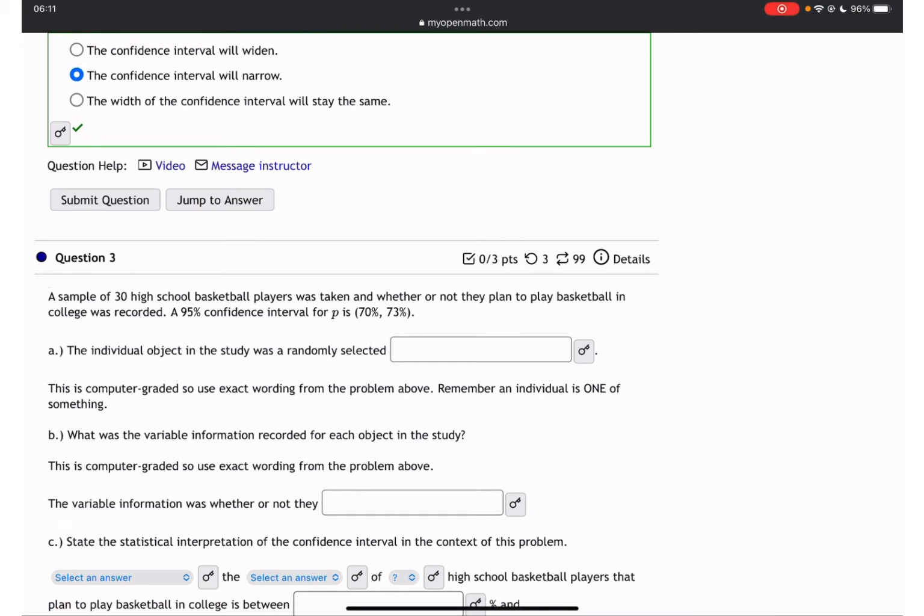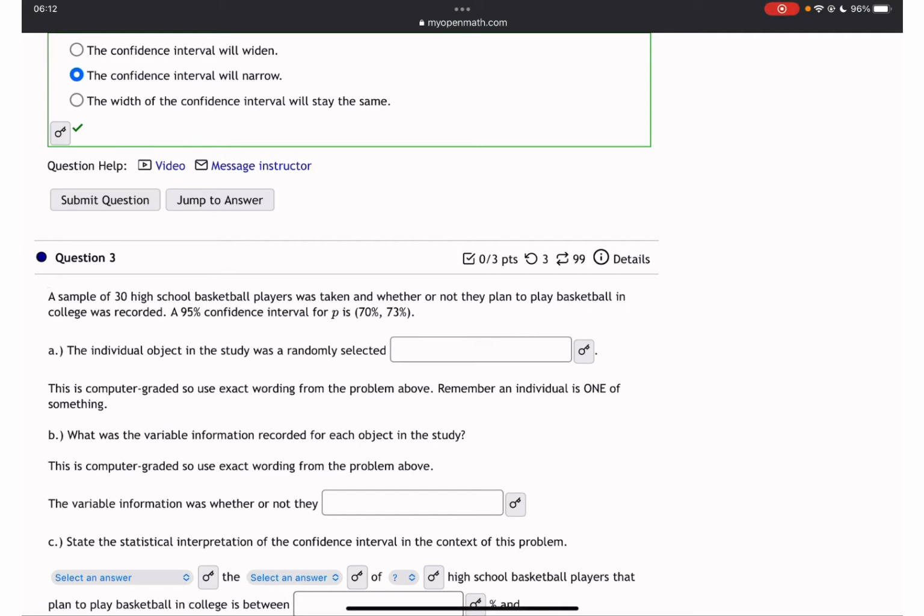Question number 3. A sample of 30 high school basketball players was taken, and whether or not they plan to play basketball in college was recorded. A 95% confidence interval for P, where P is a proportion, is between 70% and 73%.